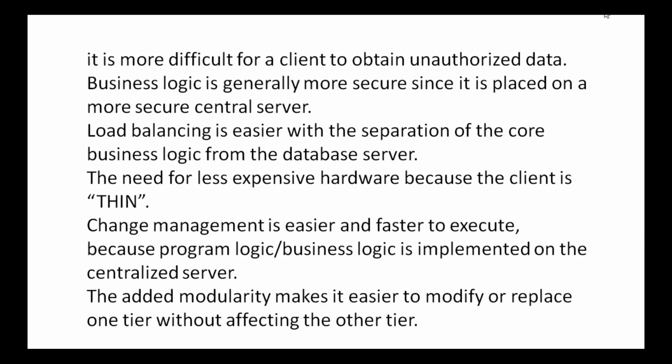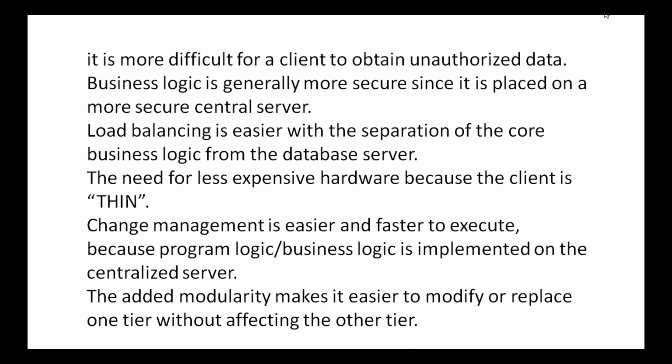And in this architecture, the client needs minimum software. That's why this client is called thin. And change management is also very fast and easy to execute because the business logic is implemented on the centralized server.